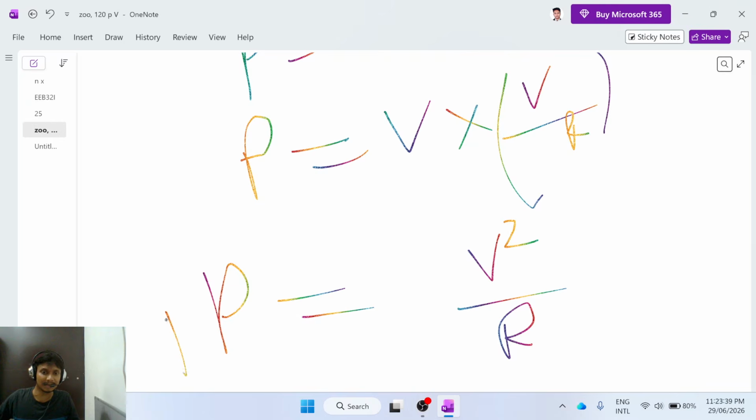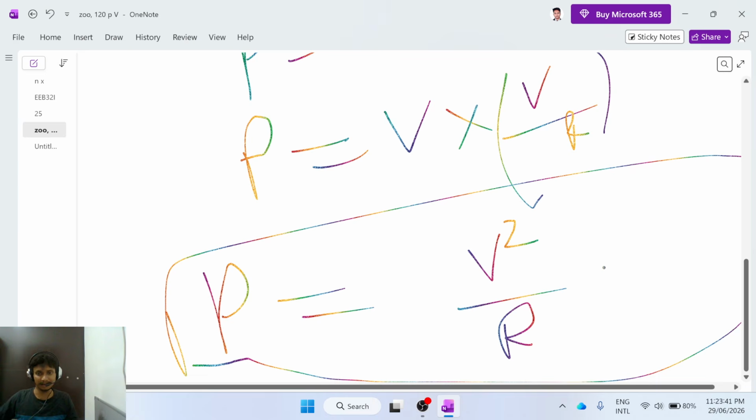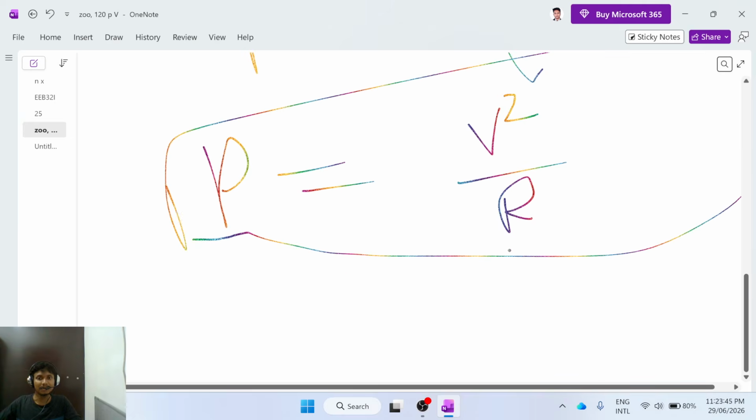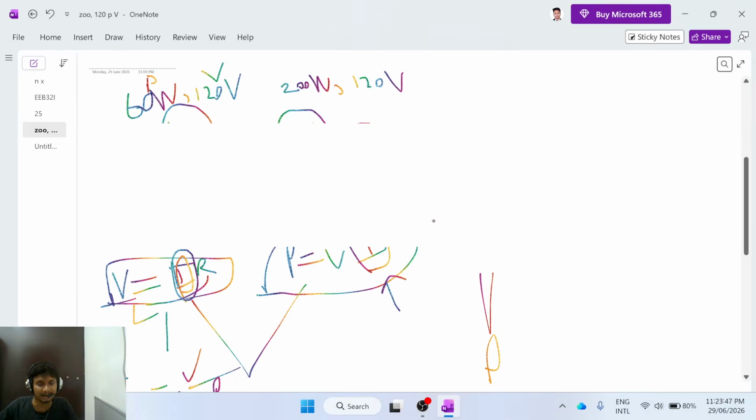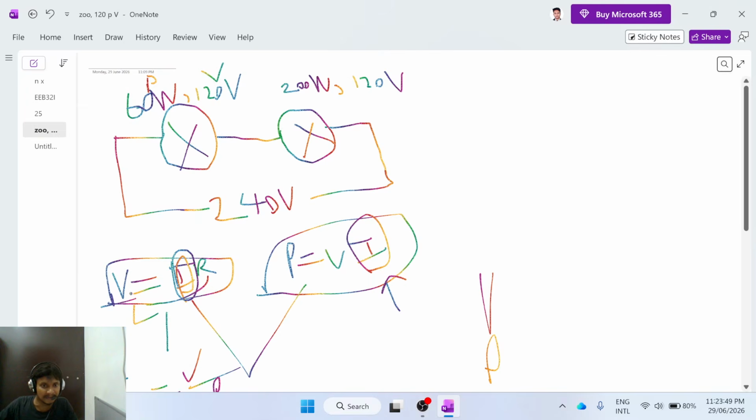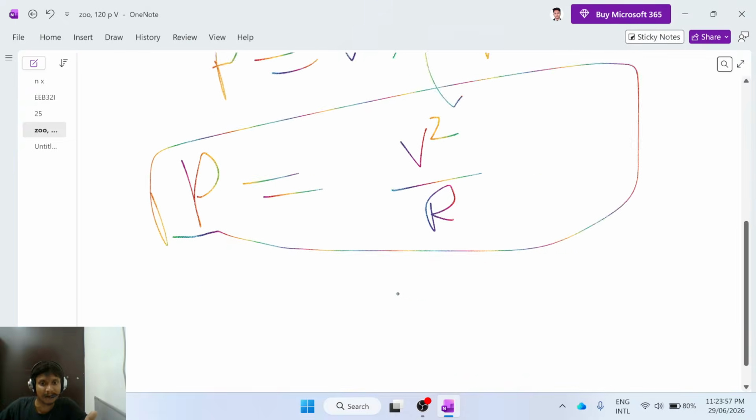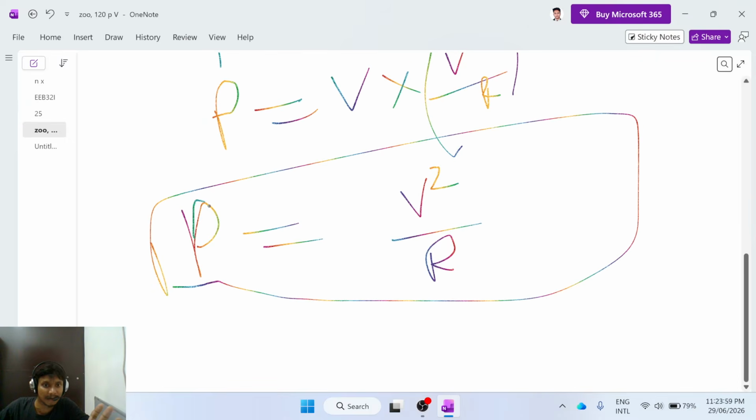This is the equation. There is no I in this equation, so we can use it directly and easily. We only memorize two equations: V is equal to IR and P is equal to VI. Don't memorize everything, or you will get confused.